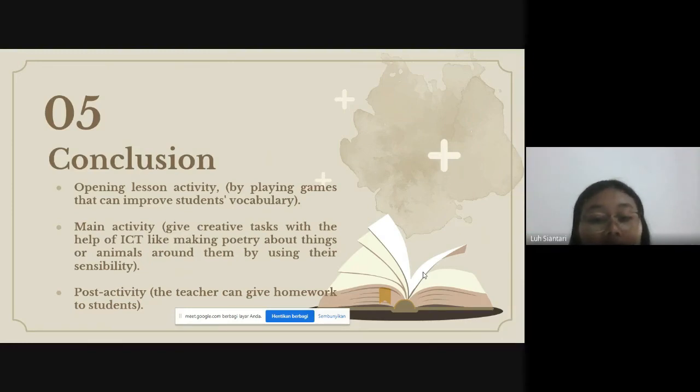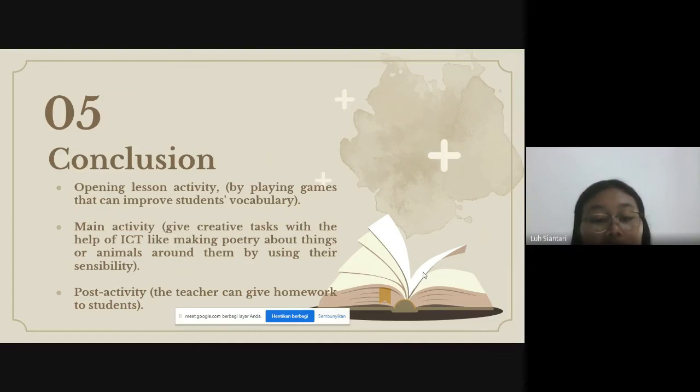And the next is main activity. Another way is creative tasks with the help of ICT, like making poetry about things or animals around them by using their senses, because in poetry, the students mostly find new vocabulary. And the last is post activity. The teacher can give homework for students to improve vocabulary, but not as homework for evaluation, because the teacher must provide interesting homework so students will not be bored to continue studying.